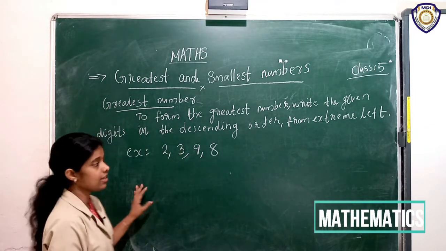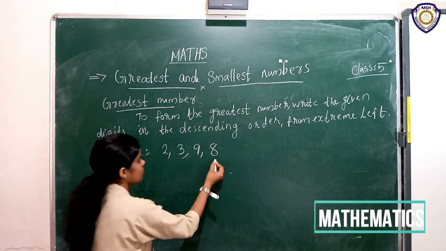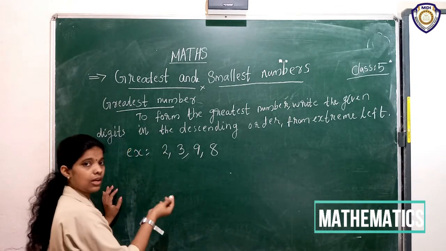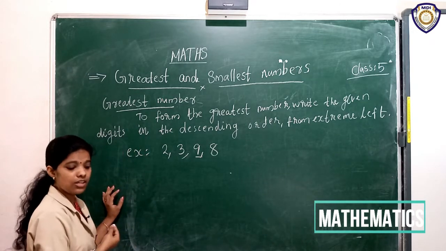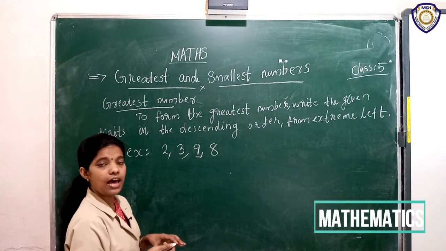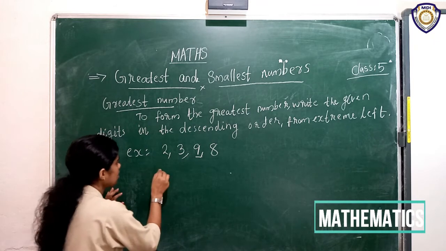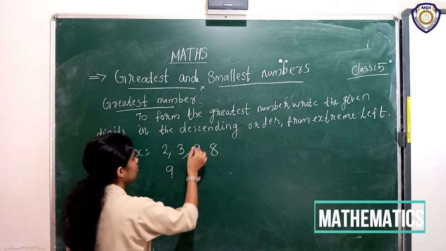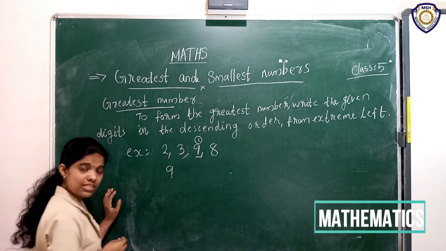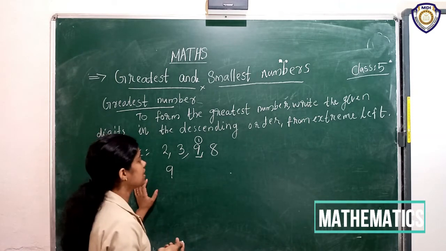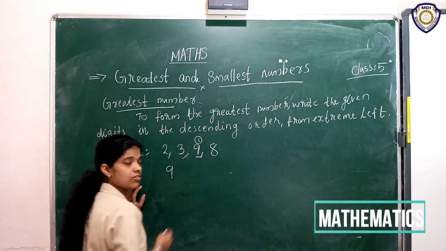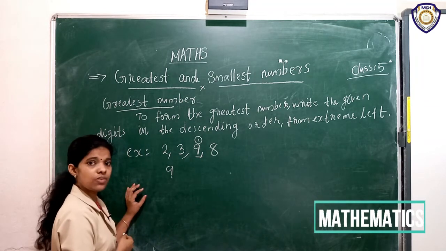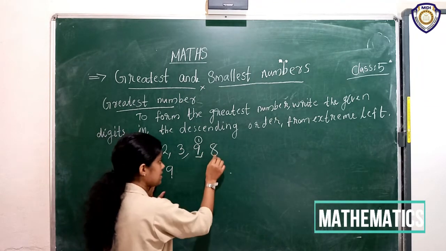Okay, listen here. Among these digits, which number is the largest number? 9 is the largest number. So the first digit is 9. Next, among 2, 3, 8, which digit is greatest? 8 is the greatest one.